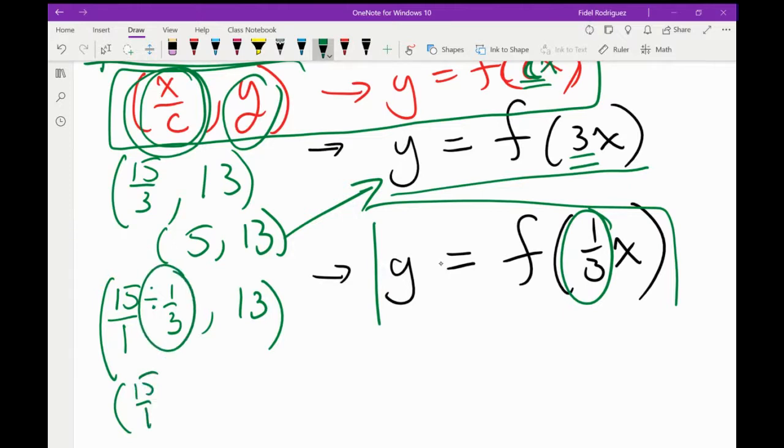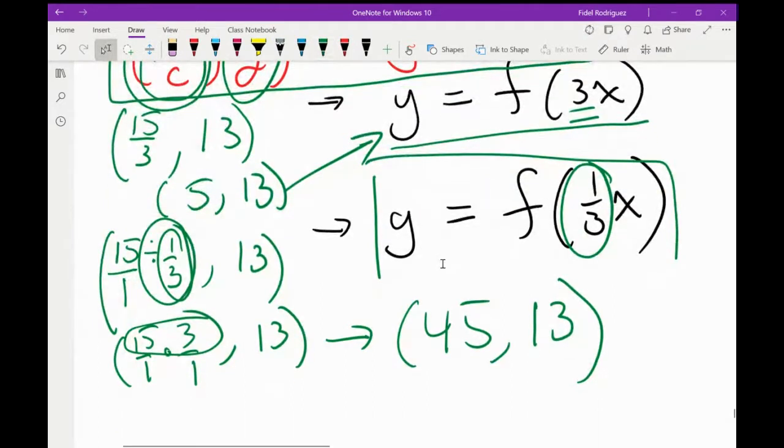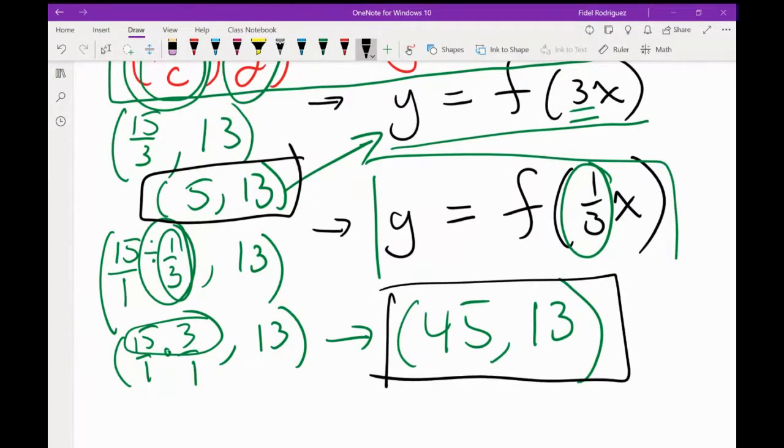Remember how we divide fractions? We change it to a multiply and take the reciprocal of that one, 3 over 1. So 15 times 3 gives me 45, and 13. Those would be the two points. The first one will be (5, 13), and the second one will be (45, 13).